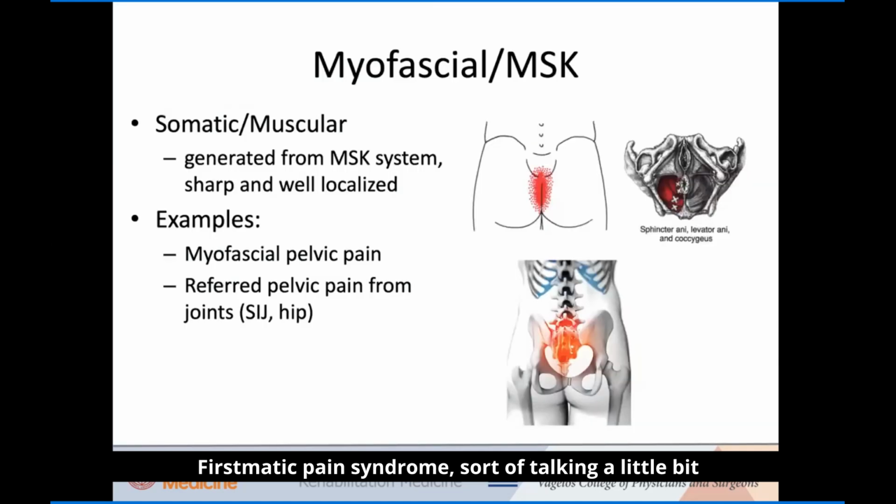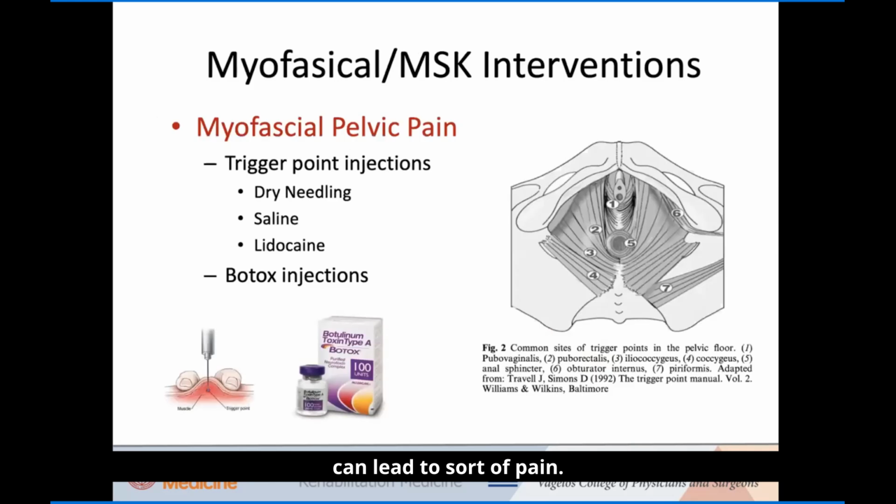For somatic pain syndrome, talking a little bit more now about interventional approaches that we can use. So obviously, somatic pain really coming from the musculoskeletal system, right? Whether that's the SI joint, the spine, the hip, the tailbone, there are a lot of different actual physical structures there. And then, of course, the muscles of the pelvic floor that can lead to pain.